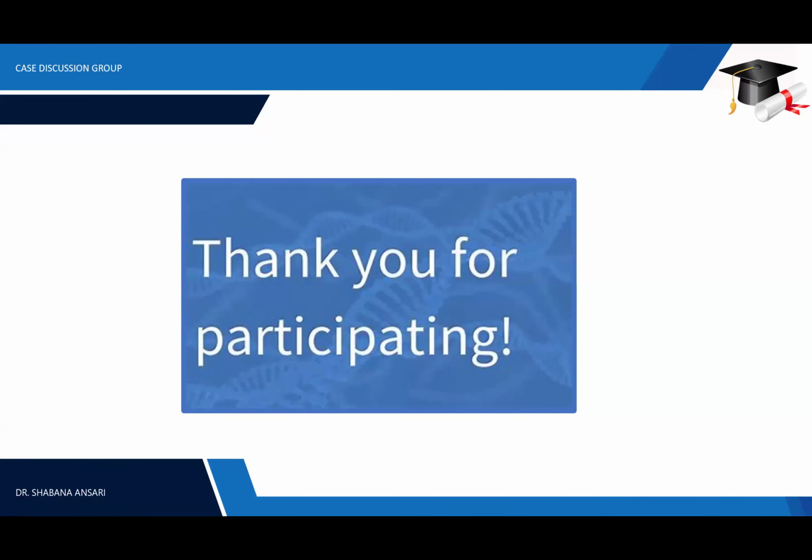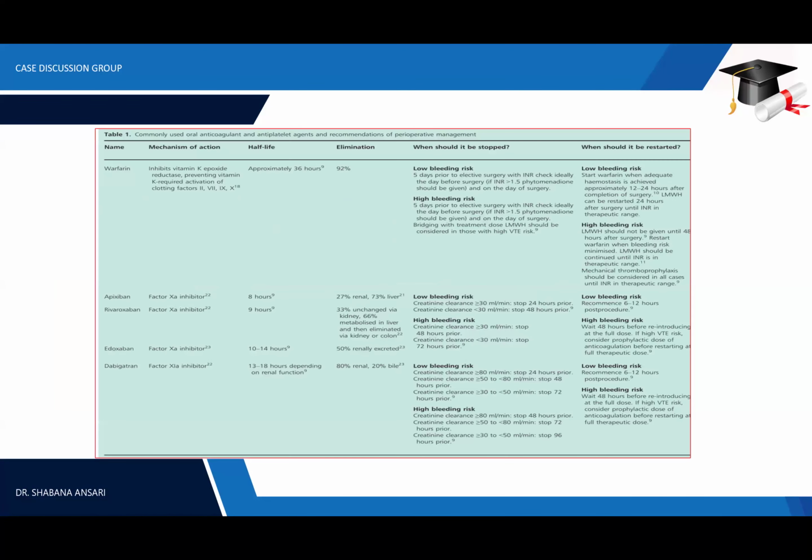The oral anticoagulants should be stopped. Because see, rivaroxaban and all, as you will see in the flow chart, they have to be stopped. And it all depends upon the creatinine clearance. So it is not just about the patient having a mechanical heart valve and direct oral anticoagulants. We have to see the renal function test of the patient as well, and accordingly, we have to stop it.